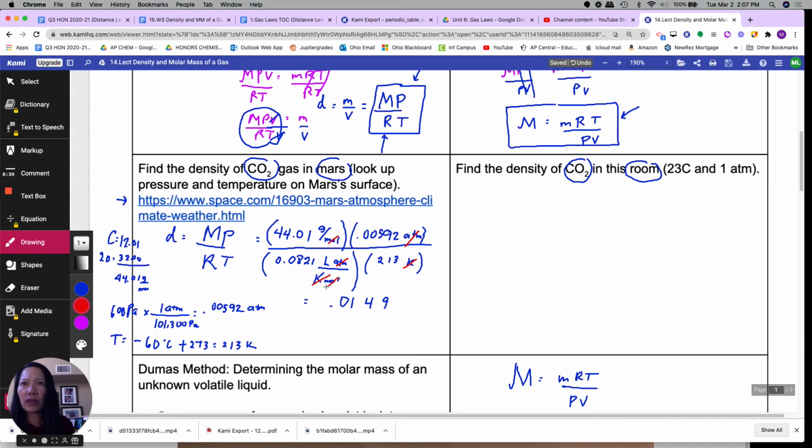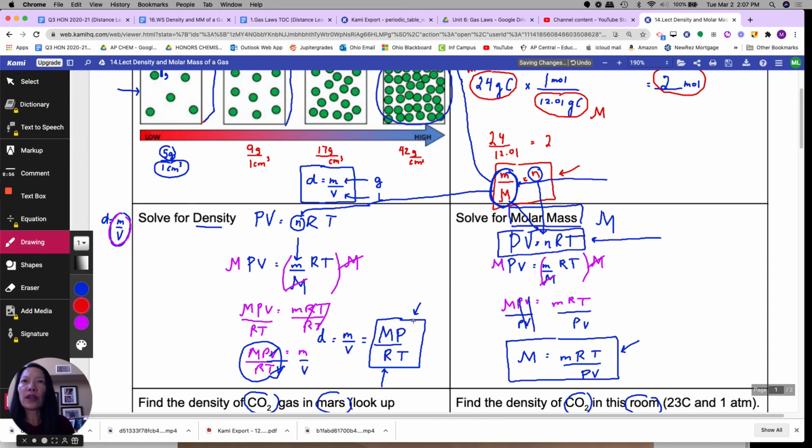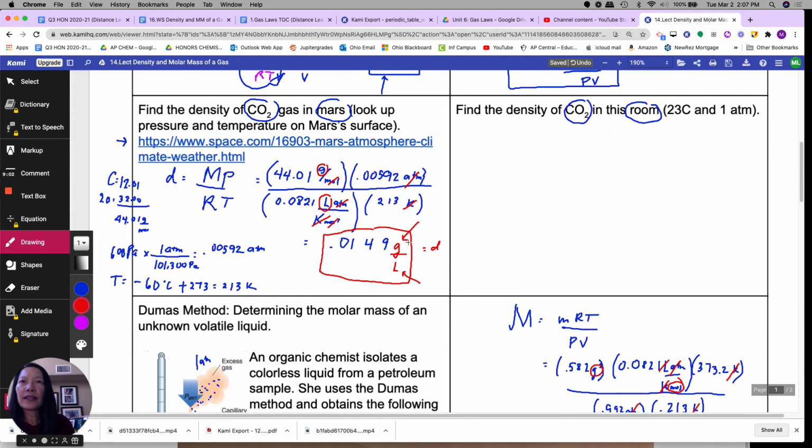And the only units left are g and L. So grams per liter, does that sound like a density unit? Mass over volume. As written here, I told you that I want my unit to be grams over liters, okay? So that checks out, which means I must have done the problem correctly, okay?